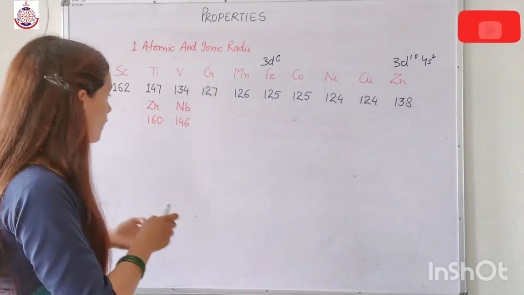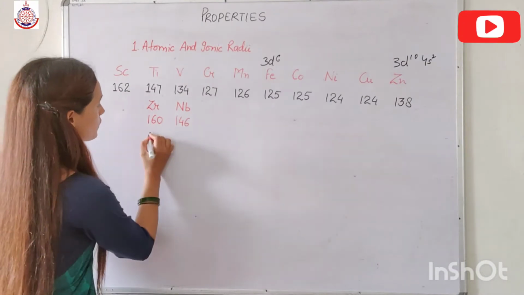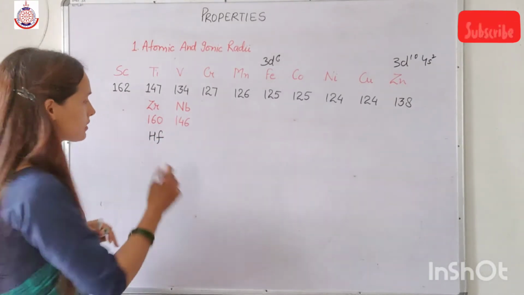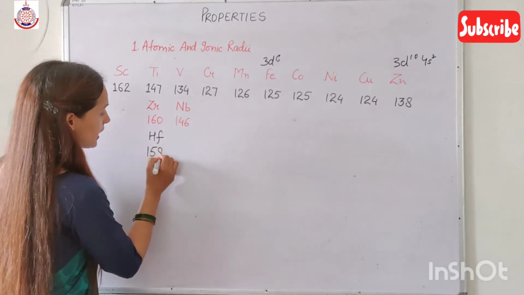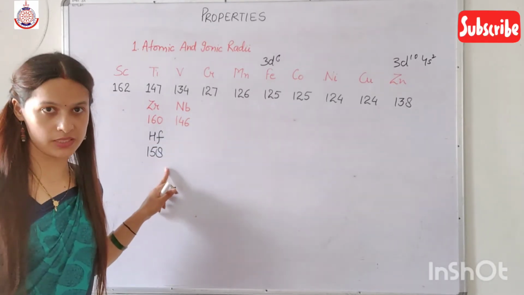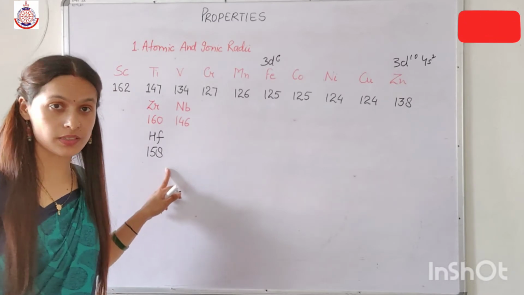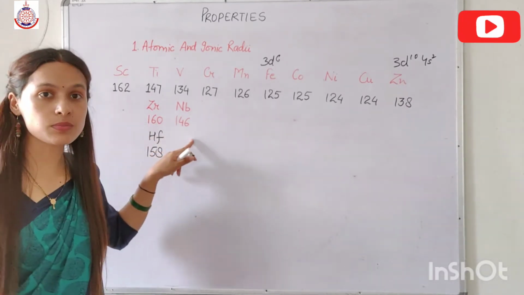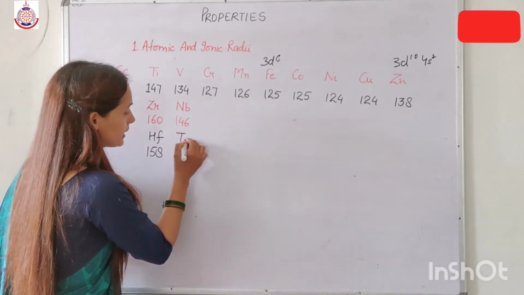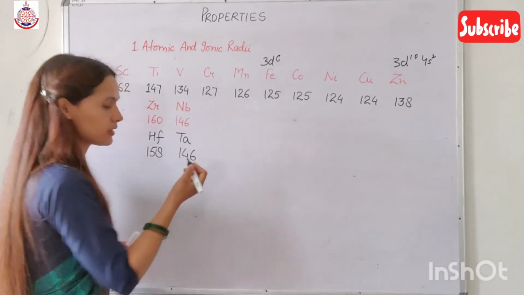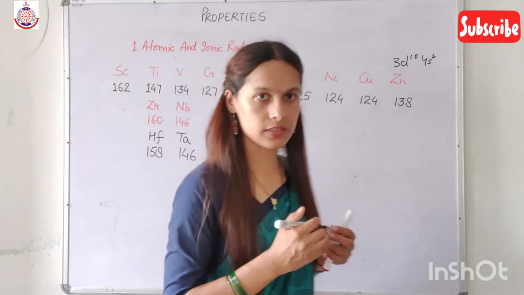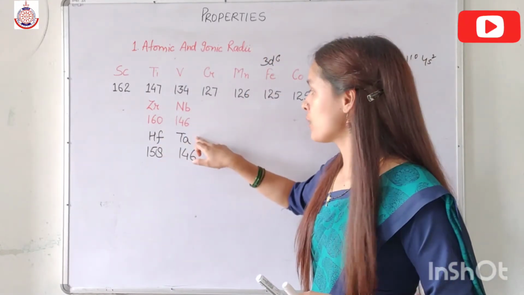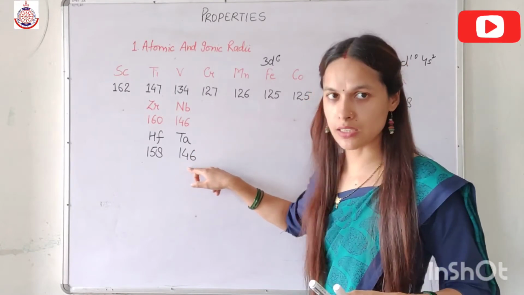For example, if I talk about the second member of the third transition series, that is hafnium, its atomic radii is 158 picometer, means less than zirconium. And the next member, tantalum, is 146, means neither increase nor decrease.